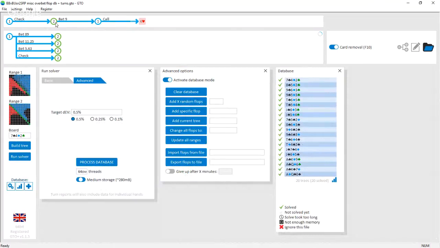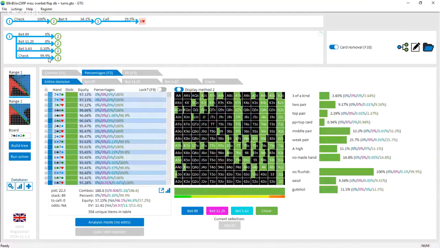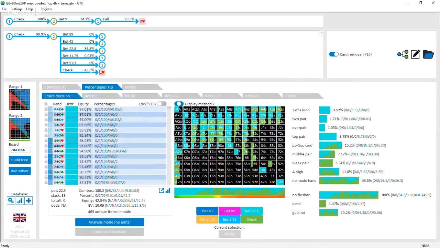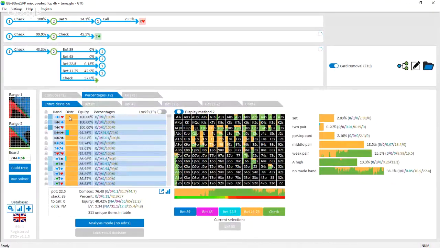So we can have a look even at some of the weird overbet spots, right? So here, overbet, call, check, and then the opposition player constructing their range, checks. And this is how the opposition player plays their hands.